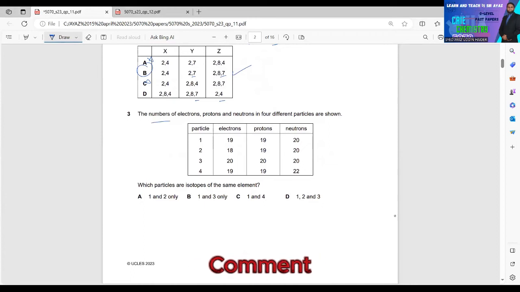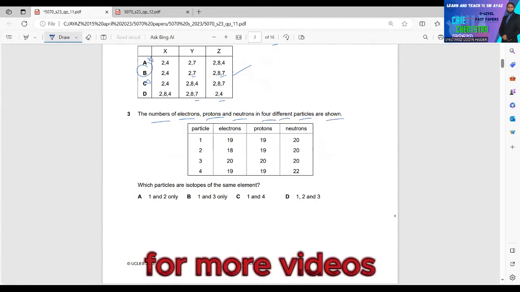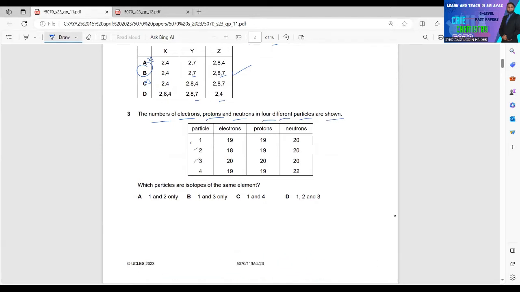Number 3. The numbers of electrons, protons, and neutrons in 4 different particles are shown. So we have particle 1, 2, 3, 4, and here we have electrons, protons, and neutrons. Which particles are isotopes of the same element? What are isotopes?